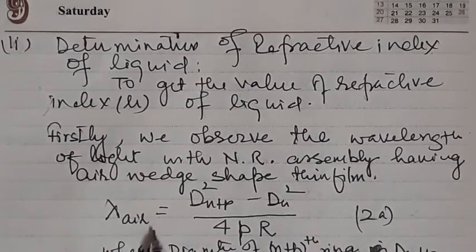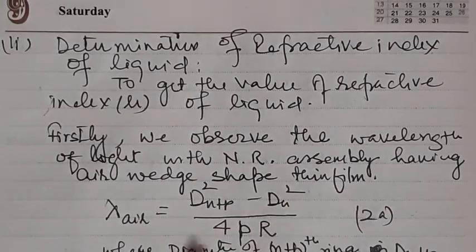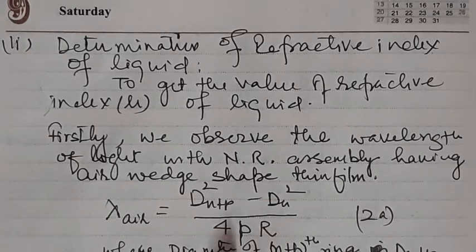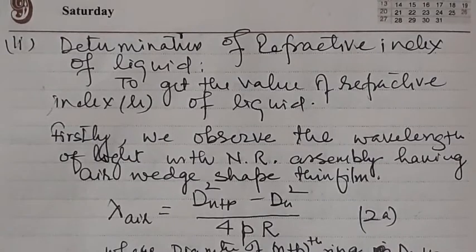So lambda air is equal to, as in the previous case, D(n+p) square minus Dn square divided by 4p capital R. The diameter of the n plus pth ring is measured through a traveling microscope, and the diameter of the nth ring is also measured through the microscope.